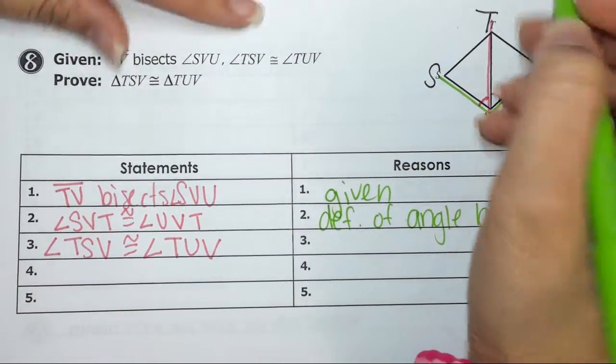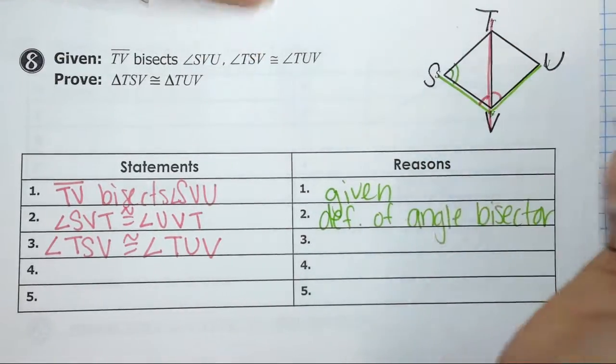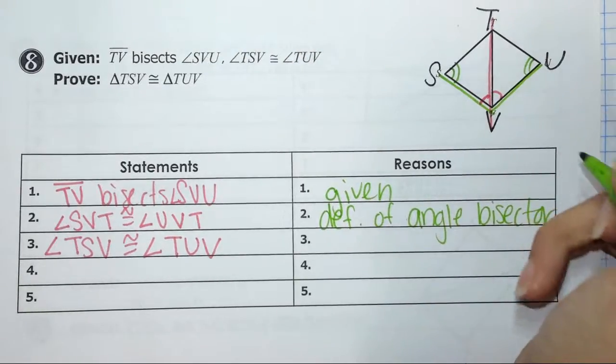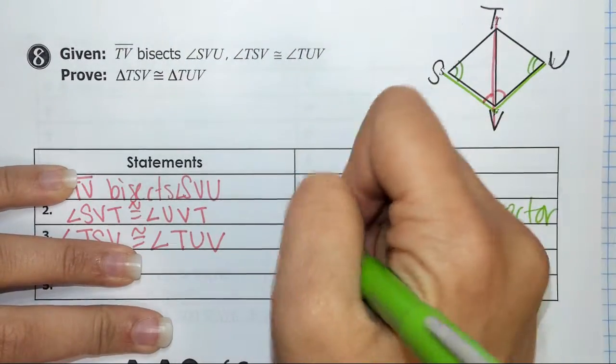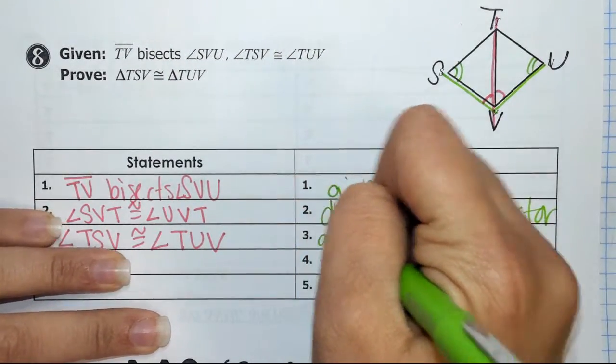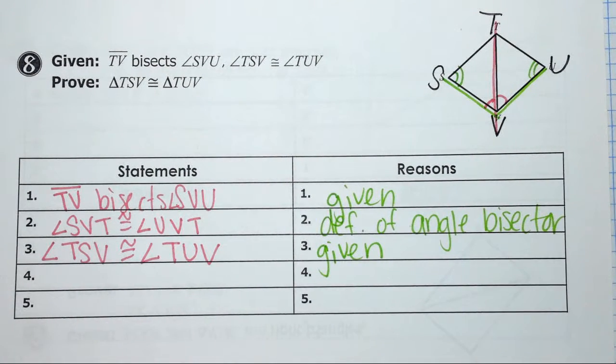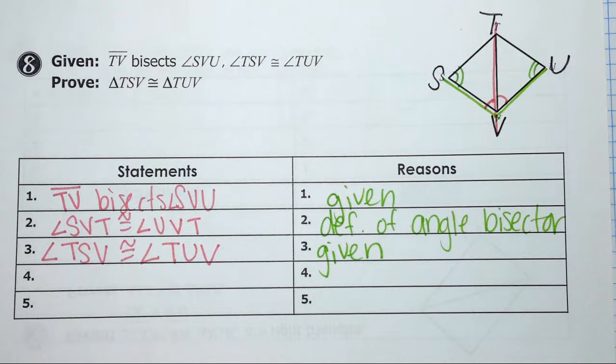Then it says TSV is congruent to what angle? TUV. And what reason do we know that's true? Given. Okay. Is everybody with me to there? Does everybody see how we got there? Are you sure? Yes. Drake, are you with me? Yes.